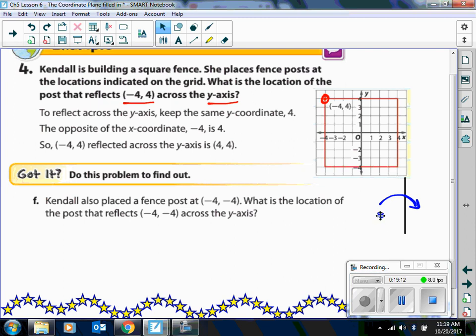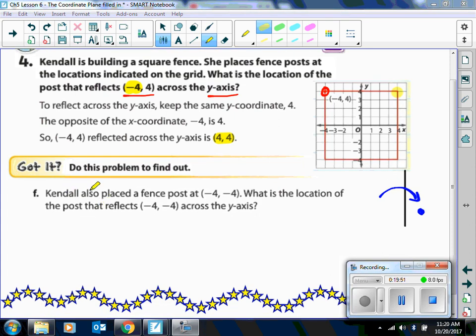If I'm reflecting across the y-axis like this, the movement is left and right. That tells me that the x value is going to change. Remember it's x, y, and x is -4. So that is going to change to the opposite. The opposite of -4 is +4. So the post over here is going to be at 4, 4.